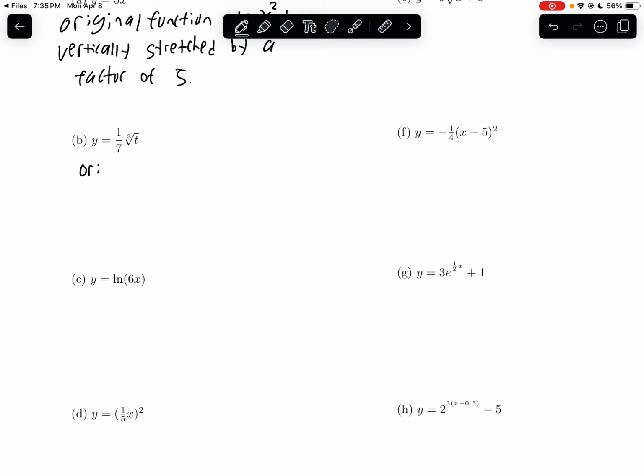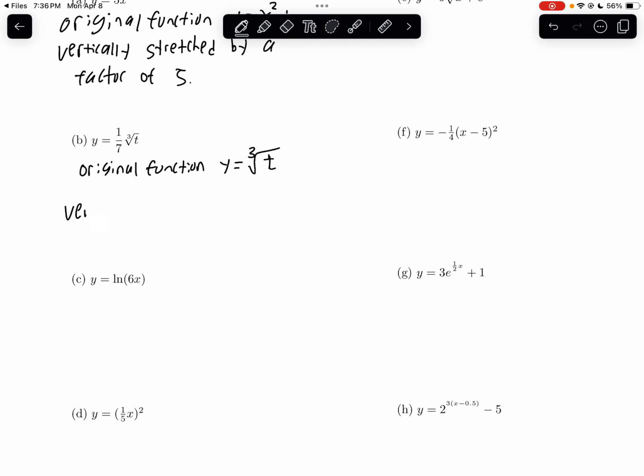Going down, this next one is very similar. The original function, I think, is the cube root function, so y equals cube root of t. Now what we're doing to this one is multiplying by 1/7. So we're taking all of the outputs and multiplying them by 1/7, which is less than 1, so they're being compressed.